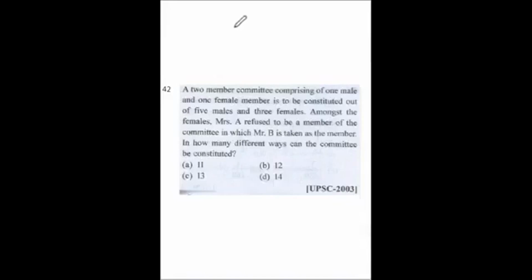So here A and B, these are females, these are males, and Mrs. A has refused to be with B. Now there are 2 more, so B, C, D, E, F, G, H, these are males and these are females.